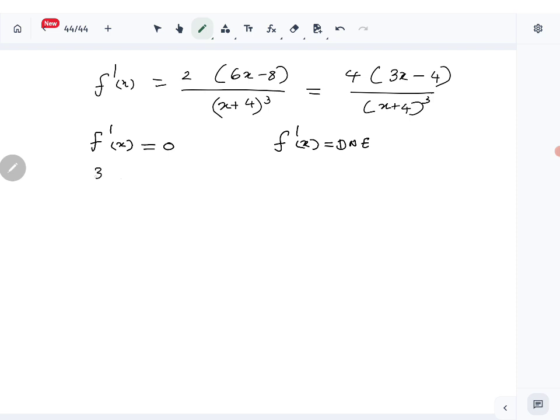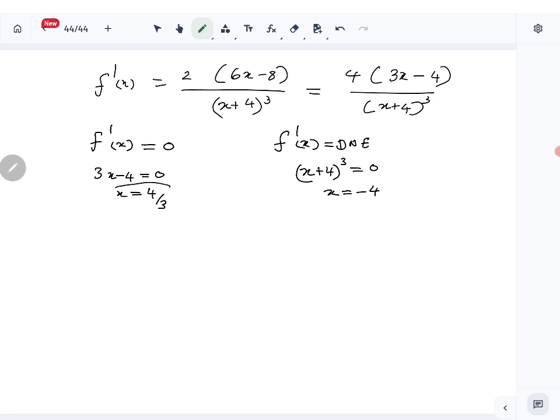Derivative is 0 when the numerator is 0, so x equals 4 over 3. Derivative does not exist when the denominator is equal to 0, so x equals minus 4. Right.